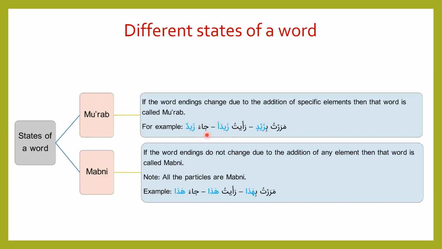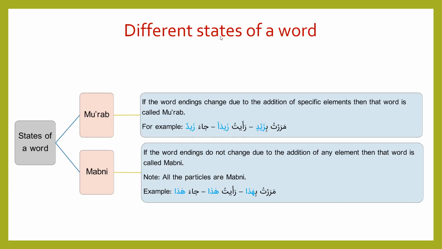So if the end of any word changes because of the addition of some particle or some element, this particular word is called mu'rab. So the mu'rab word has the capacity to change because of the addition of some elements. Is it clear with all of you or not?